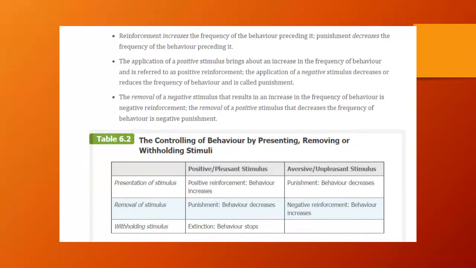So the application of a positive stimulus brings about an increase in the frequency of behavior and is referred to as positive reinforcement. An application of a negative stimulus decreases or reduces the frequency of the behavior and is called punishment. The removal of a negative stimulus increases the frequency of behavior as negative reinforcement, and the removal of a positive stimulus that decreases the frequency of behavior is negative punishment.